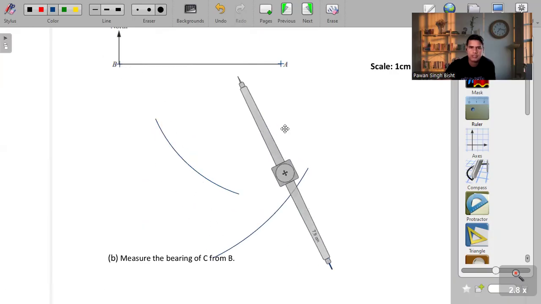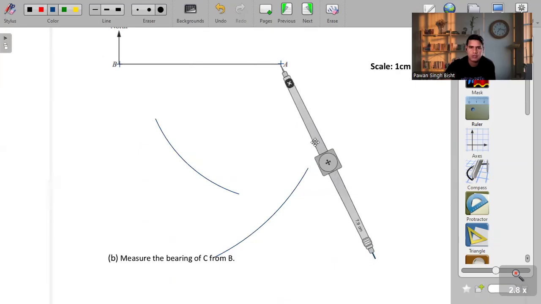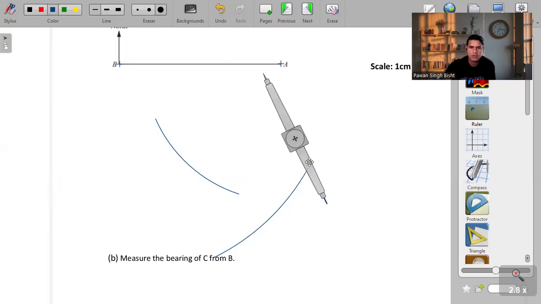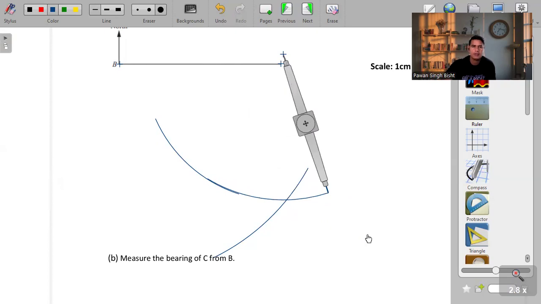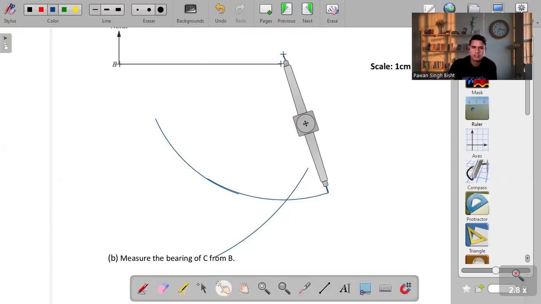Now as you see, this arc is smaller. So I need to draw it again until 5 centimeters. Make this arc big again. Yeah. Here. So that will be my C point. You mark this point as C.